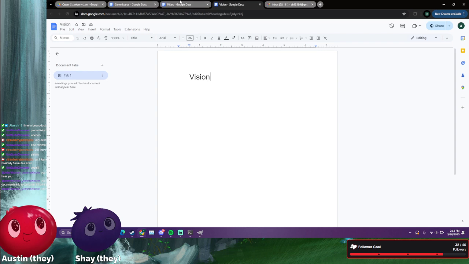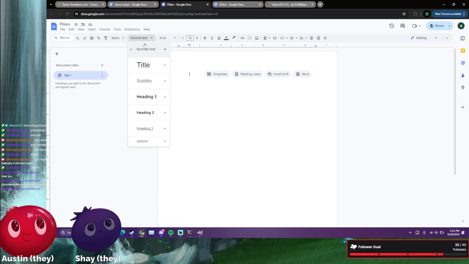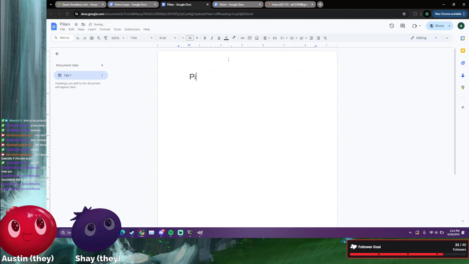Well, moving on to the next document, which again, people who do game dev probably are vaguely familiar with. This is our pillars document. The idea of the pillars document is it's about establishing the core identity of your game in three-ish to five-ish pillars.